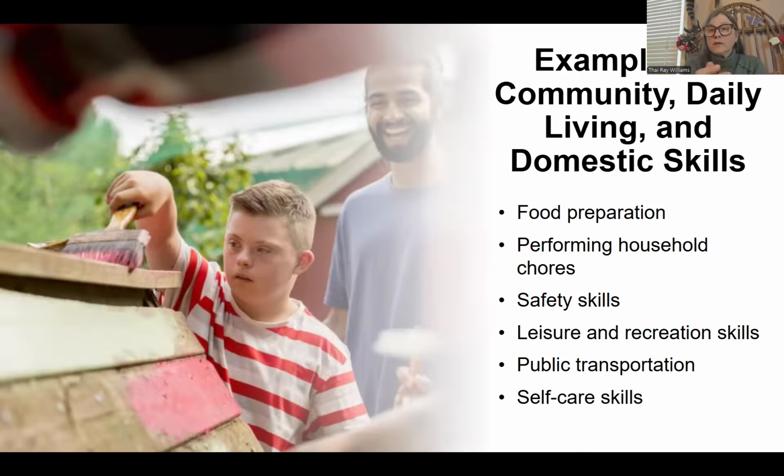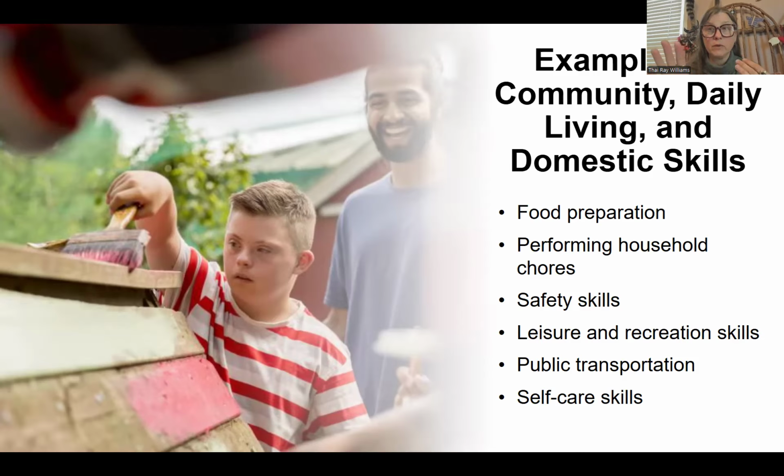All right, so some examples of community and daily living skills or domestic skills could be things like food preparation. It could be performing a household chore such as vacuuming, safety skills. Again, think about safety skills, like how do you use a knife when you're cutting food. We talked about leisure and recreation skills already. Think about public transportation where you are, because it might be different than where I am. Where I am, we have Uber.